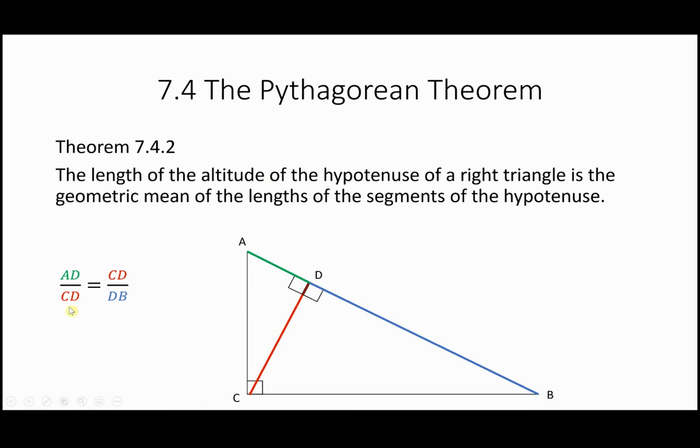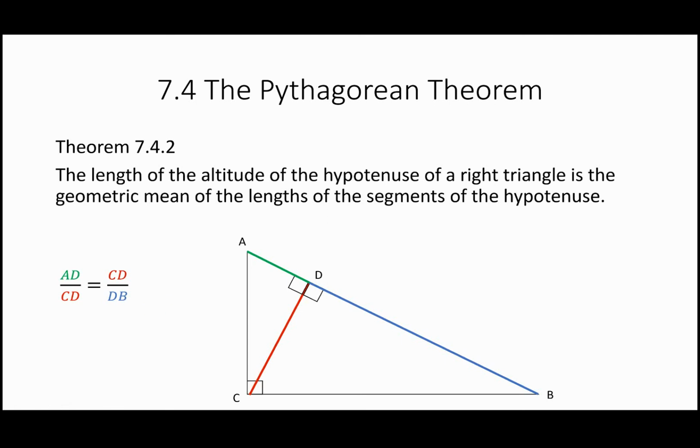The altitude is the geometric mean because it's in the means positions. When you have a single proportion, just two ratios set equal to each other, not a string proportion, then the denominator of the left side and the numerator of the right side, those two positions in the two ratios, are the means positions. And the extremes positions, this is terminology that I'm hoping everybody has some familiarity with.